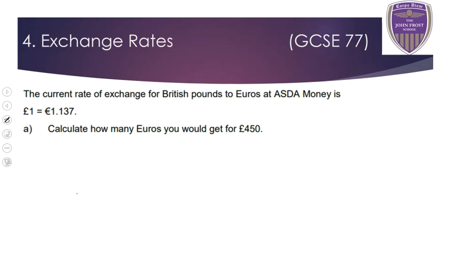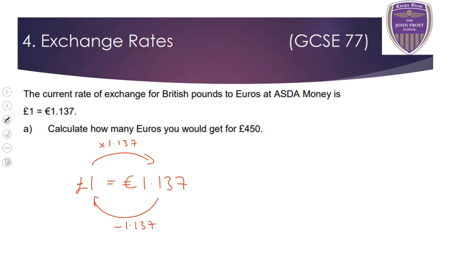So what we did in class is whatever the exchange rate was that we were given, we wrote that out. Okay, and then it should be obvious using this little diagram that to go from pounds to euros, in this case, you times by 1.137. And if we wanted to go from euros back to pounds, we would divide by 1.137.